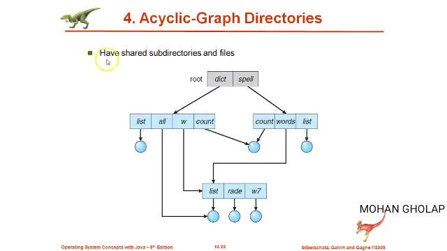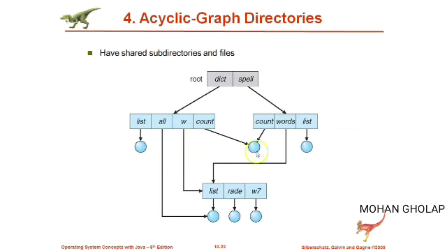But in acyclic graph directories, you can have shared subdirectories and files. There may be files that are required by different users, or files that are members of different directories, but it is the same file. In such cases, instead of having duplicate copies, you can enable the sharing of this particular file. That is acyclic graph directories.